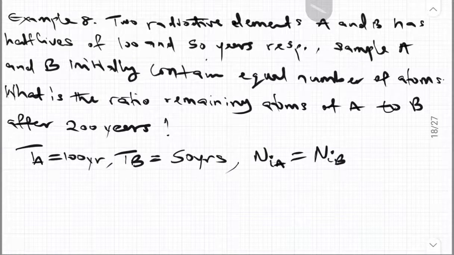So they have the same initial number of atoms. What is the ratio of the remaining atoms, N2 of A to that of N2 of B? Let's figure out what this is. First, let's see if there is a way we can make this simple.